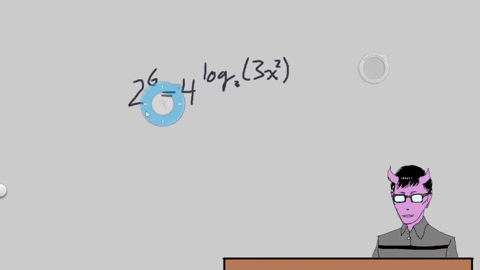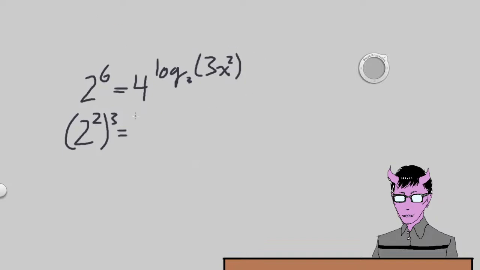So it doesn't matter which way you do it. I'm going to manipulate this side. We can get 2 to the power of 2, in parentheses, power of 3. All right, so that's the plan of attack. We can easily change this to base 2 as well, but let's just do this one. So again, transforming this into base 2 to the power of 2, parentheses, power 3, because 3 times 2 gets us back to 6. Copy paste this other side.